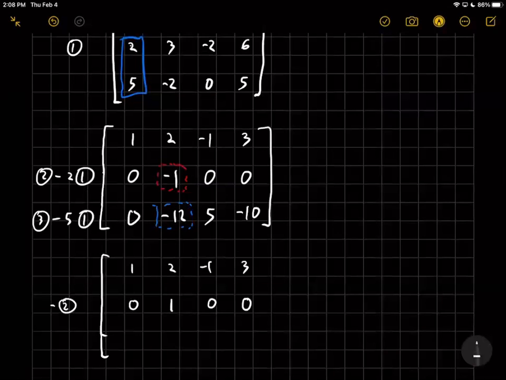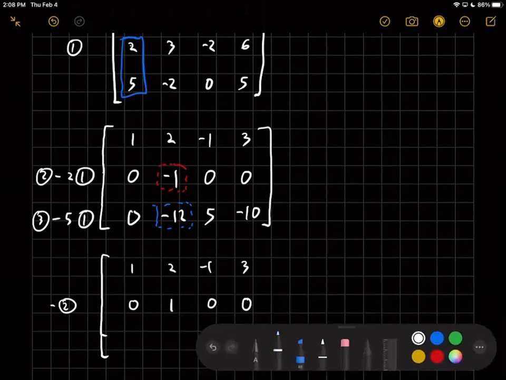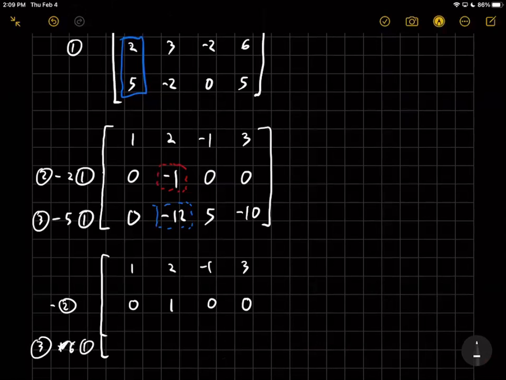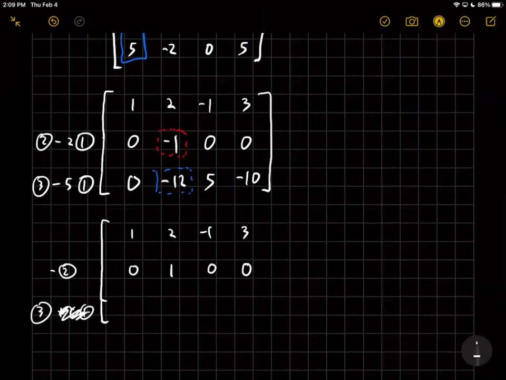There are a couple of ways to do this, but maybe a really good way for the third row is to take row 3 and add 6 row 1. Oh, no, do not use row 1 again, because that would actually reintroduce an X value in the first column. What we want to do is take row 3 and subtract 12 of the old row 2.